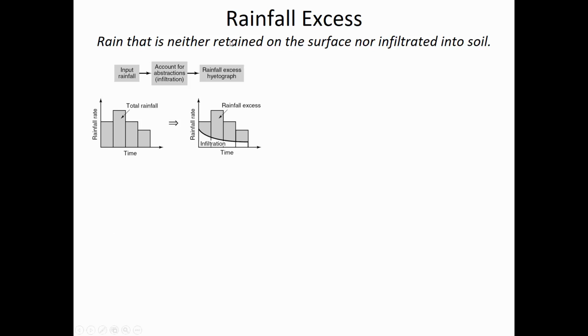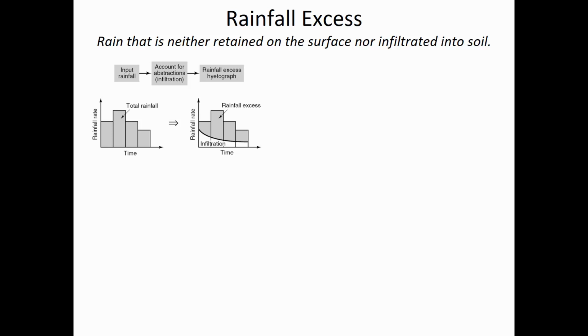Okay, so let's revisit the definition of rainfall excess. We start off with a hydrograph. This hydrograph isn't inverted in this case. We're just looking at, over time, what the rainfall intensity was. Now, rainfall is not the same as rainfall excess. If we subtract out the infiltration, remember the declining potential rate of infiltration, where the infiltration rate gets lower over time because the suction pressure beneath the soil is decreasing.